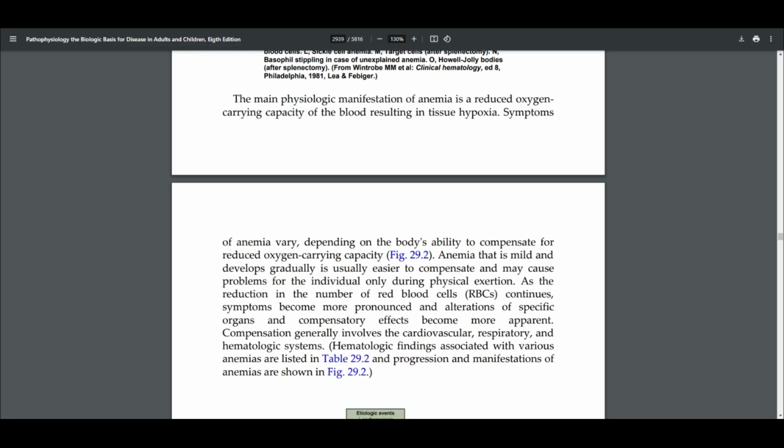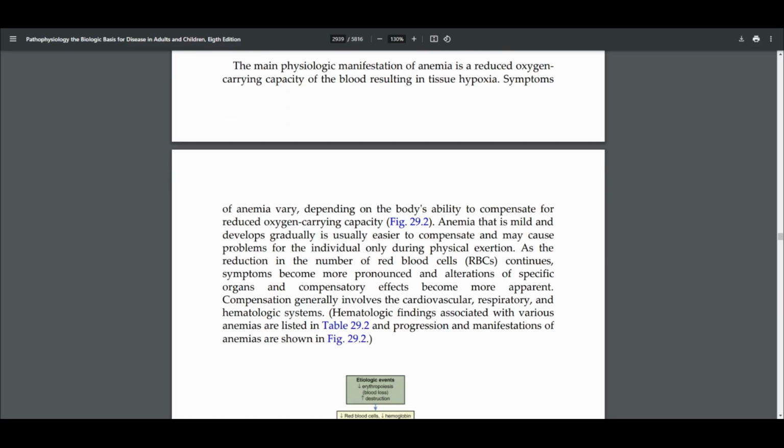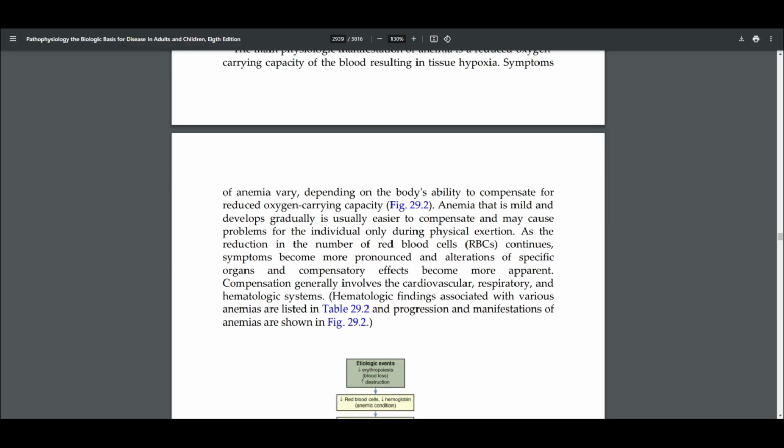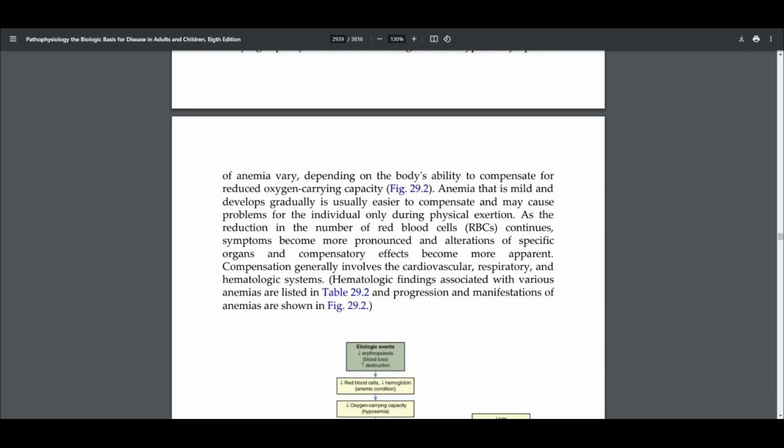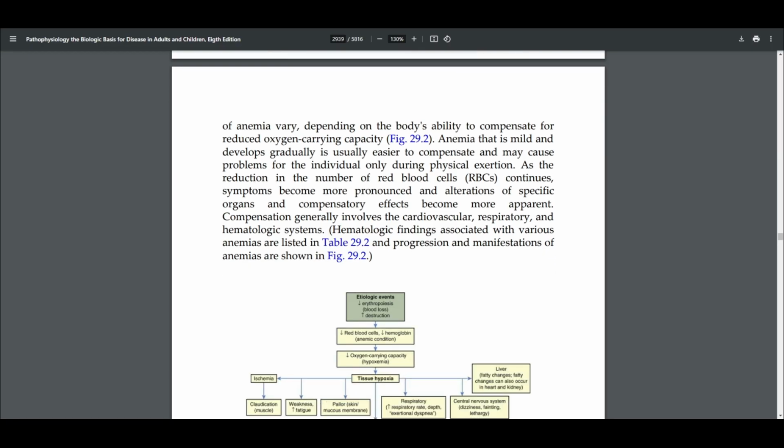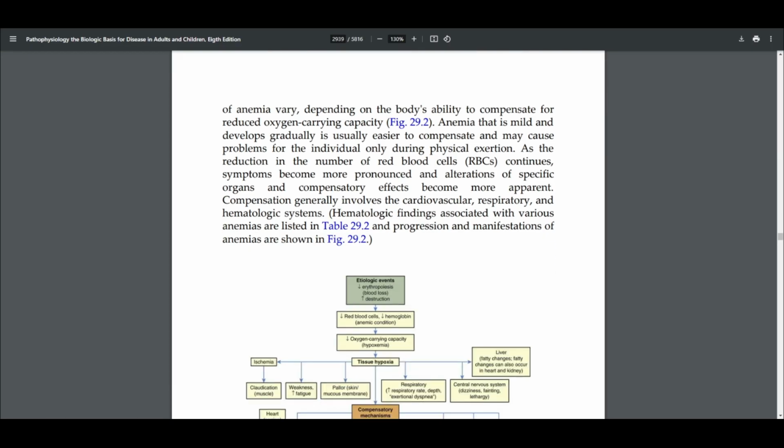Anemia that is mild and develops gradually is usually easier to compensate for and may cause problems for the individual only during physical exertion. As the reduction in the number of red blood cells continues, symptoms become more pronounced, and alterations of specific organs and the compensatory effects become more apparent. Compensation generally involves the cardiovascular, respiratory, and hematologic systems.